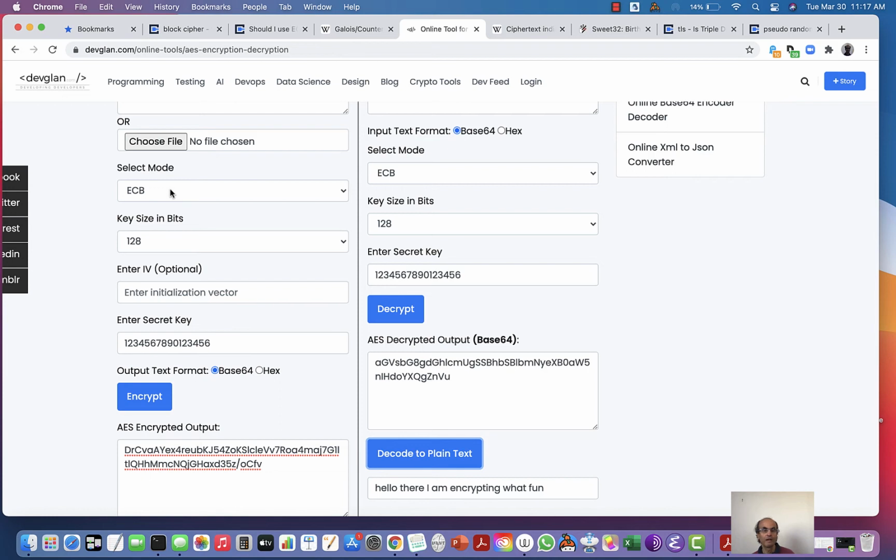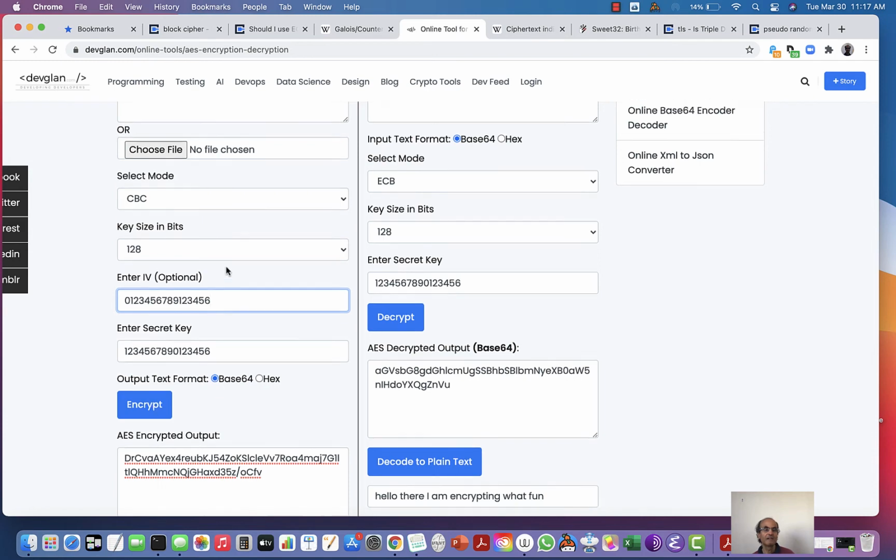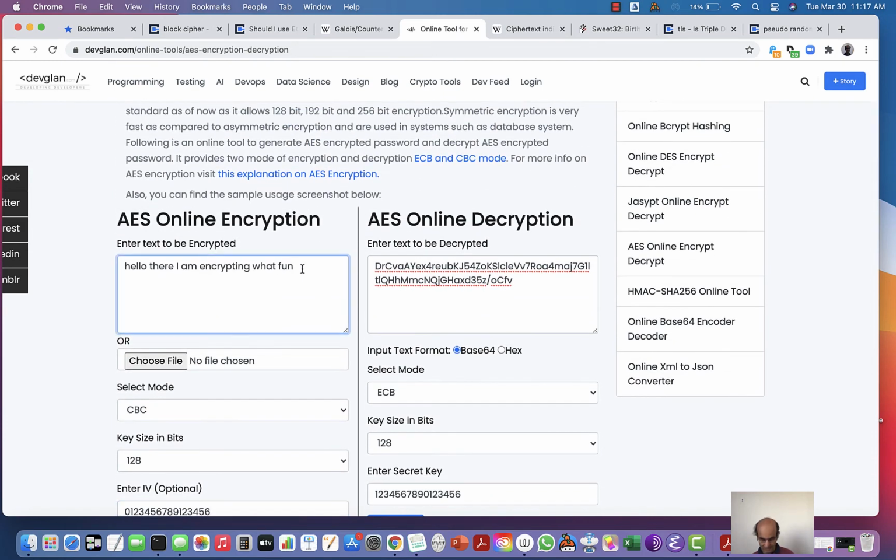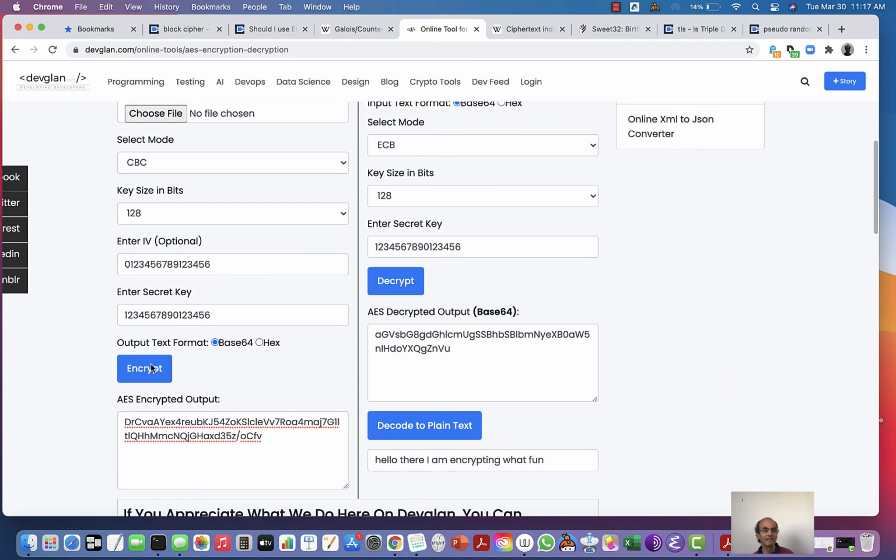Now, if you try another mode, you do need an IV. So if you try CBC, I'll need a 16-digit IV, and let's change the text so we would recognize it.